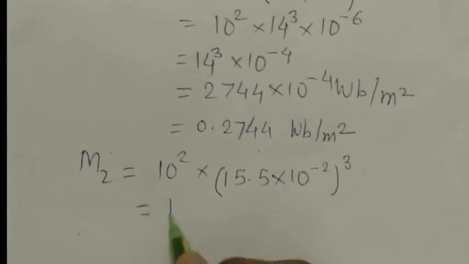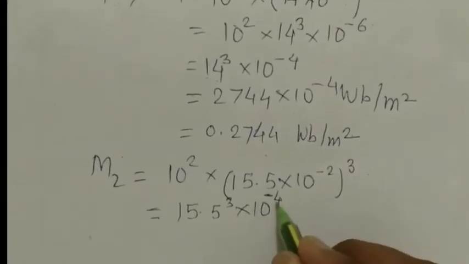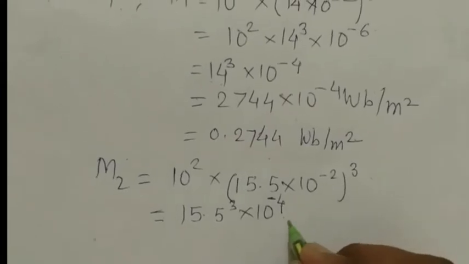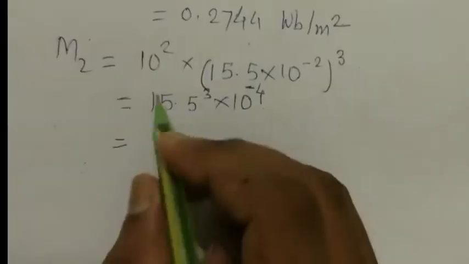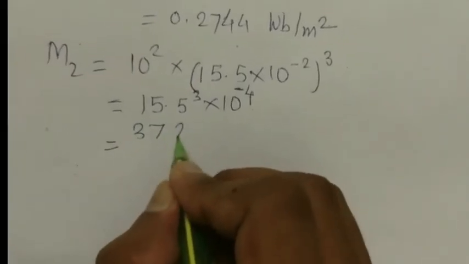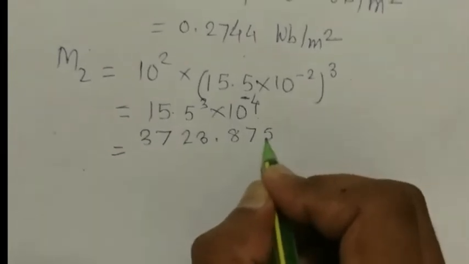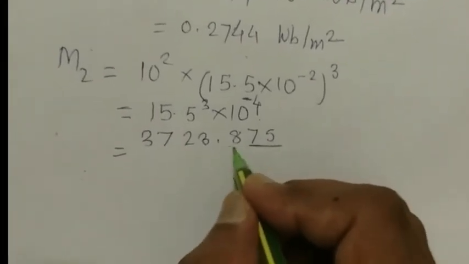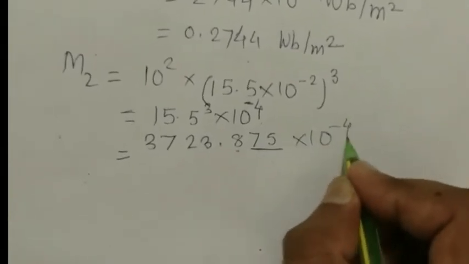So this will again give us 15.5 cube into 10 to the power minus 4, as we have discussed earlier. If we cube 15.5, we get 3723.875, or we can ignore the 75 and just write 3723 into 10 to the power minus 4.